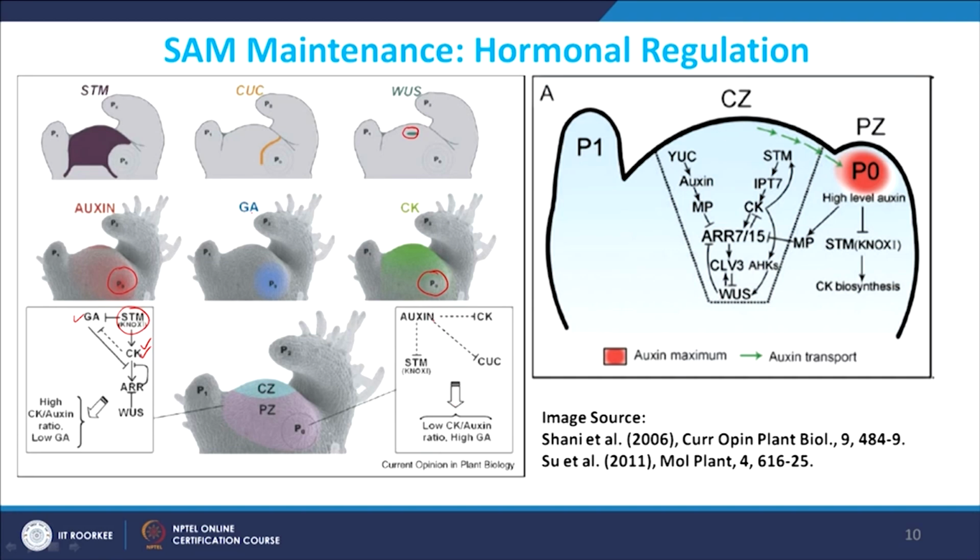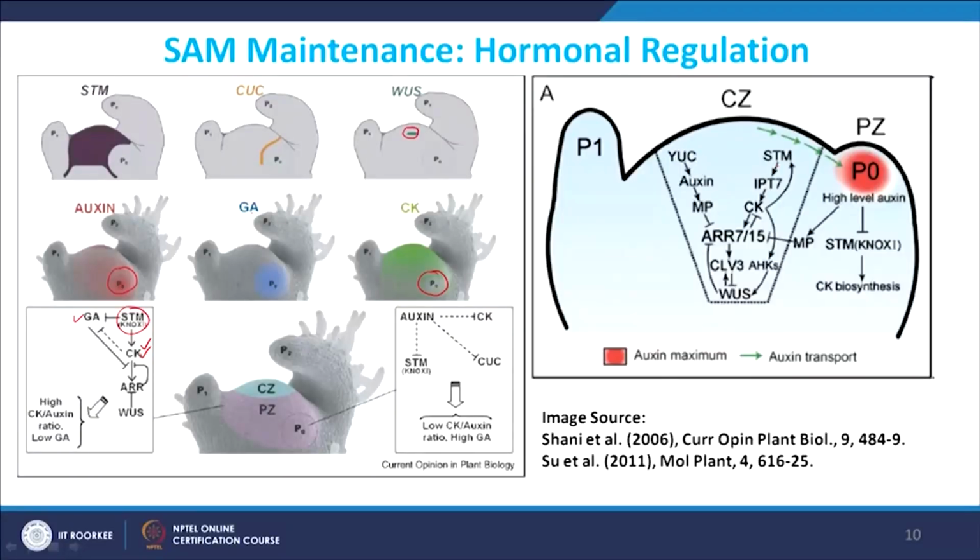If you have high auxin, auxin is inhibiting STM activity there, it is inhibiting cytokinin activity, and it is probably inhibiting CUC activity, and all this helps in the initiation of the organogenesis-specific program. Together this ensures that in the meristematic region, or the central region, cells should be dividing, but in the region where primordia have to come, cell division has to be restricted, or the stem cell property has to be restricted, and it should be more of an organogenesis-specific property.